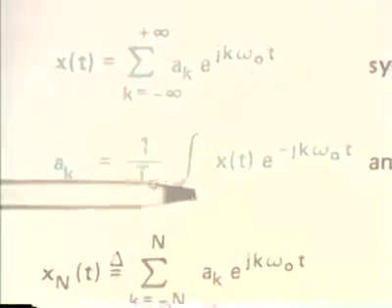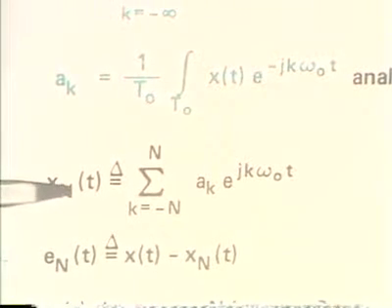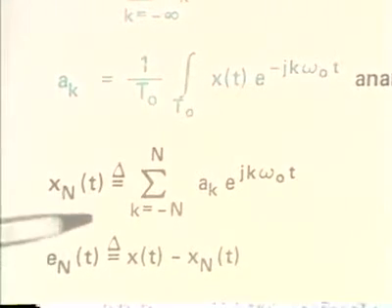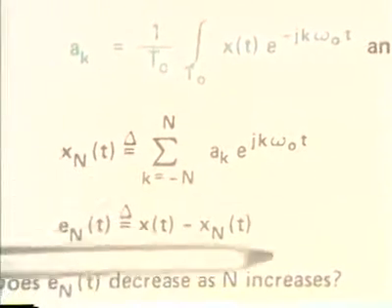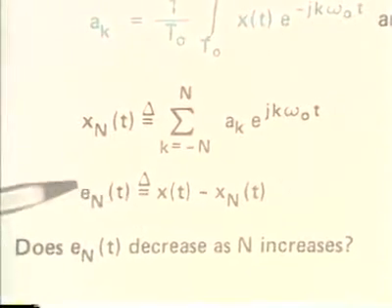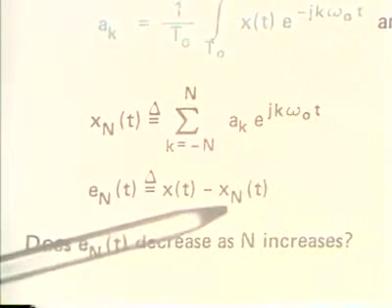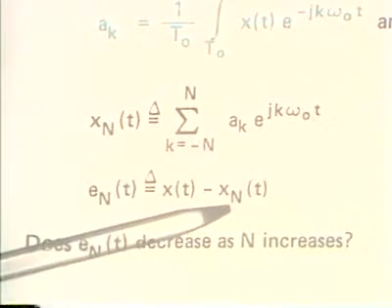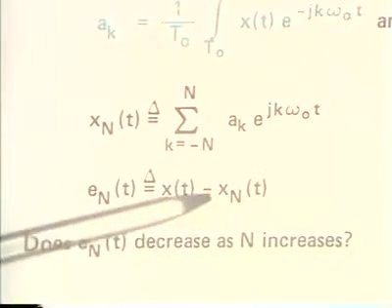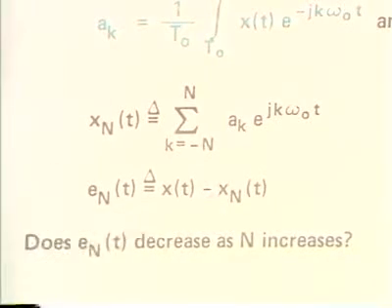Well, let's again use the notion of our partial sum. So we have the partial sum down here, and we can think of the difference between this partial sum and the original time function as the error, and I've defined the error here. And what we would like to know is, does this error decrease as we add more and more terms? And in what sense, if the error does decrease, does it decrease?